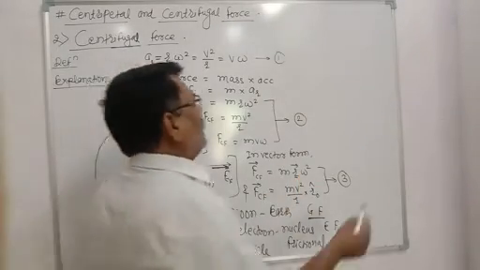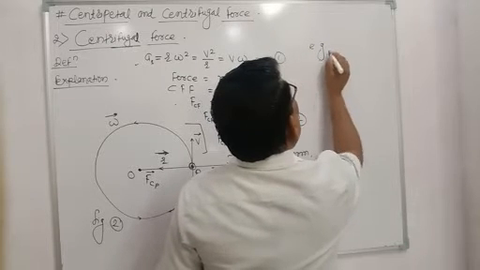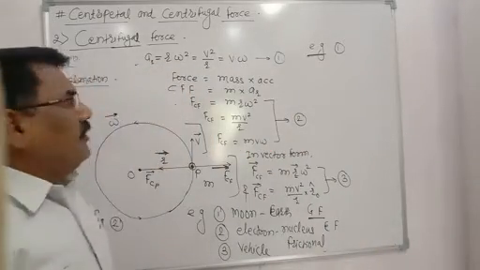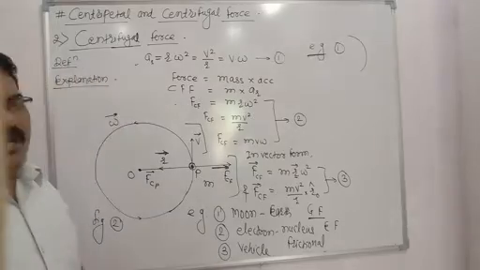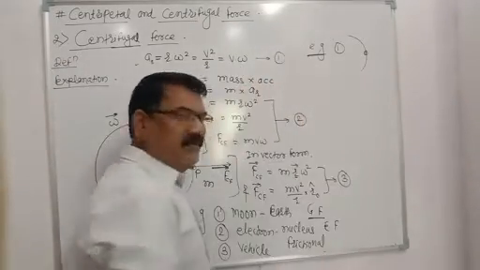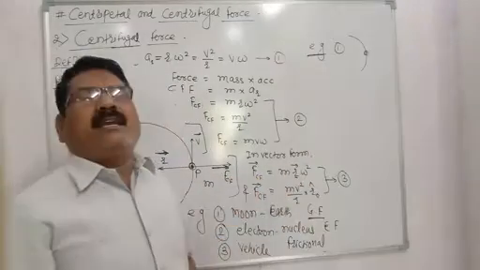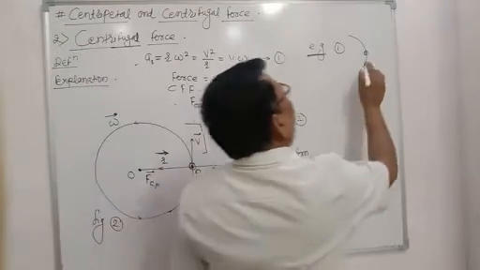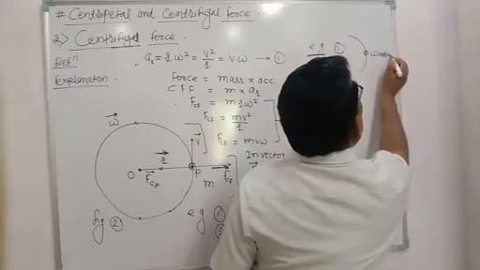Now let us see some examples. Number one: when the vehicle is taking a turn along a curved road, the passengers are pulled towards the window of the vehicle.